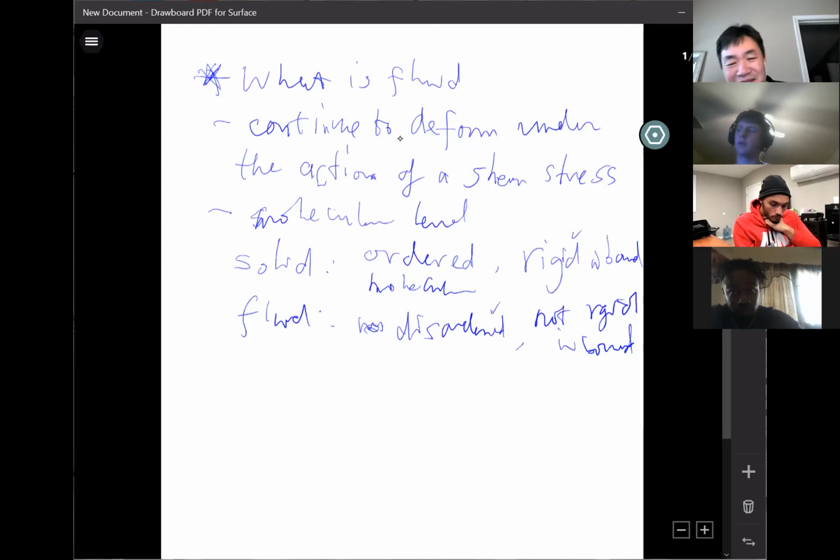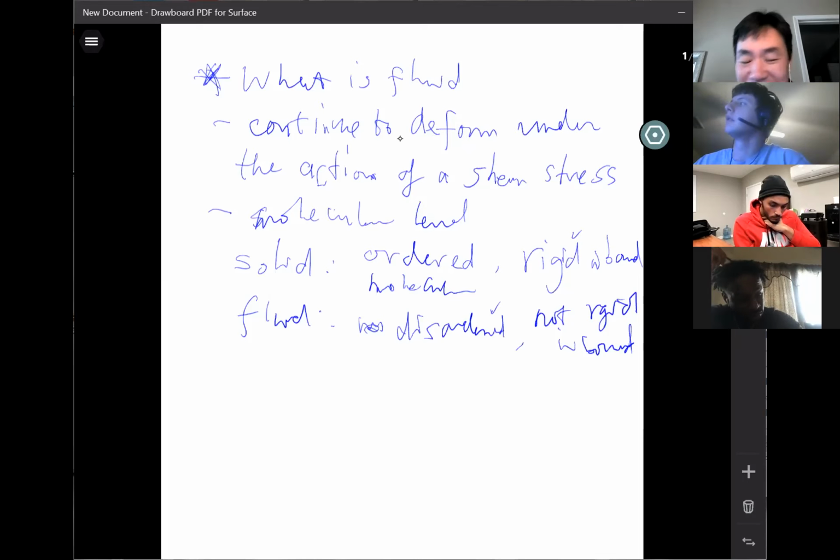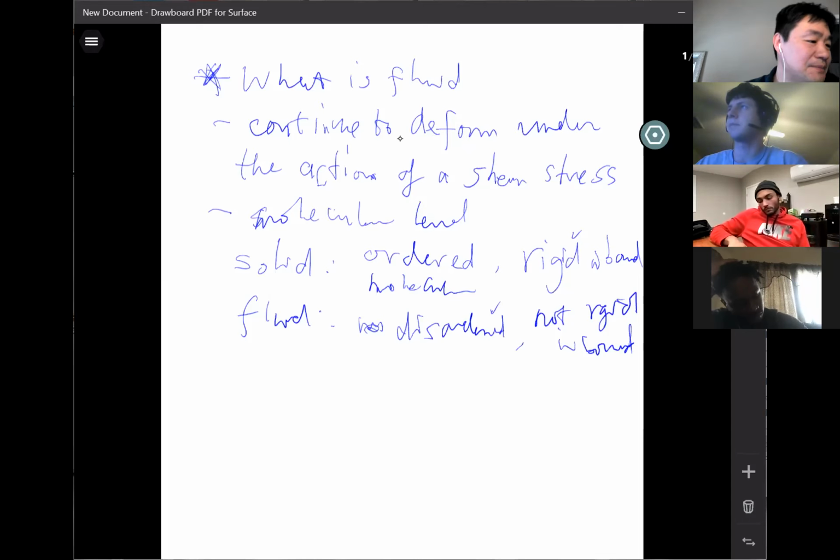So based on this definition, the glass is not fluid and not solid either. I use this example just to show you that the definition is relative. It's not a very clean cut between fluid and solid. There's always something in between. So that's fluid dynamics. So we talked about, right?